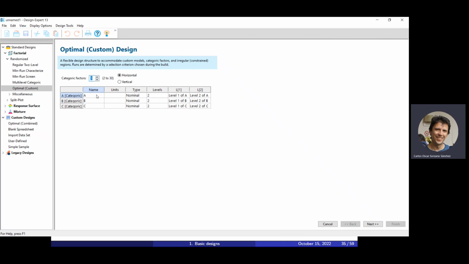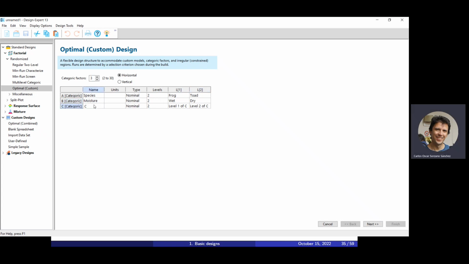So we have three factors. One is the species, and the species has two values, frog and toad. Then we have moisture, that is wet and dry.